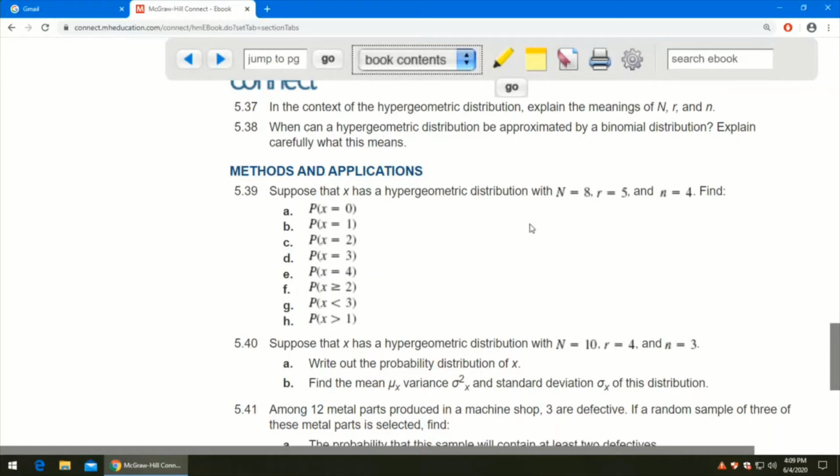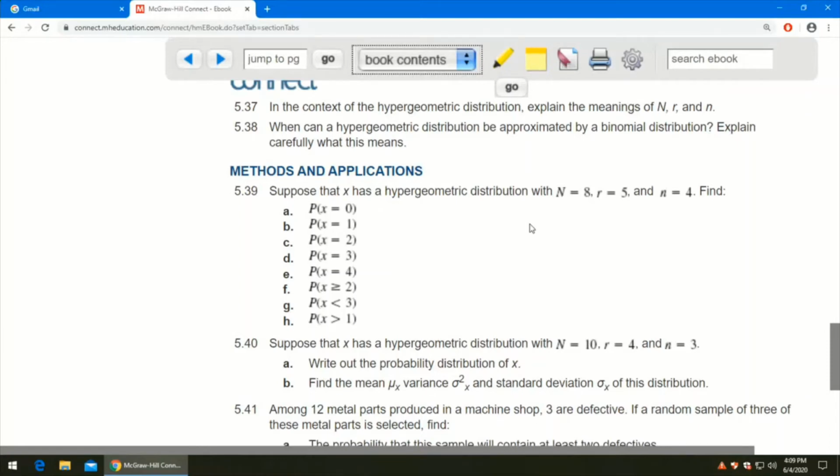That is the failure part. So if we draw 4 stalks, but we know that 5 could be positive out of the population of 8, the remaining 3 would be the non-positive ones, or the failure ones.